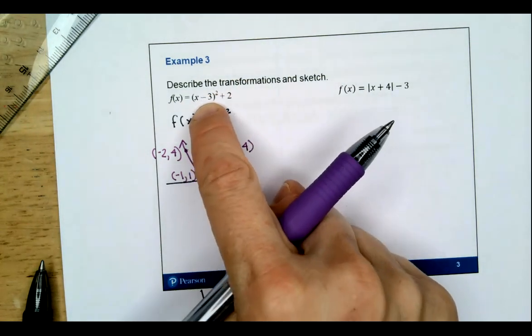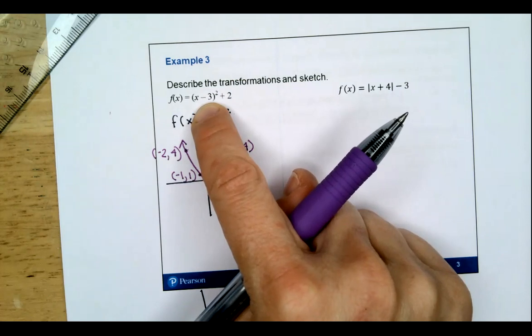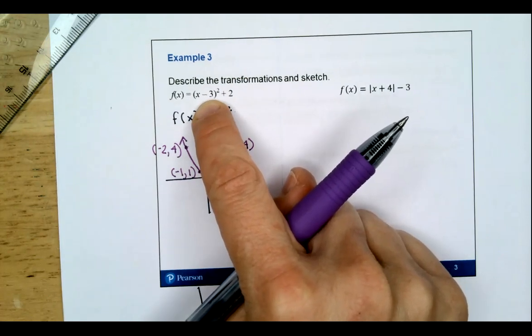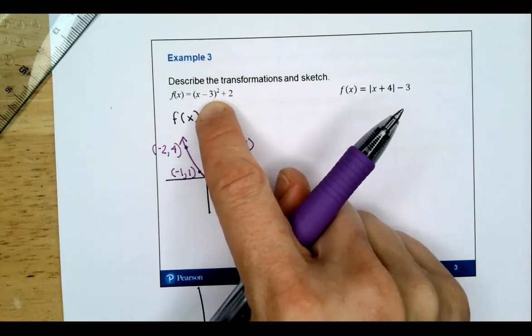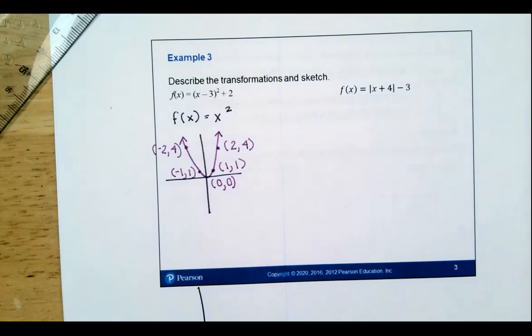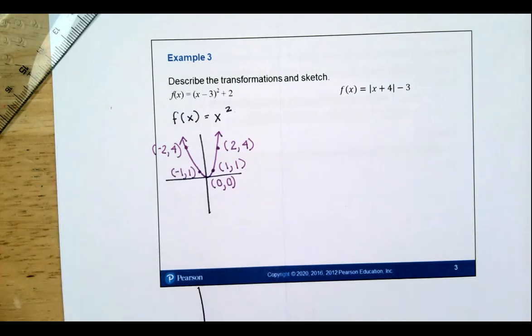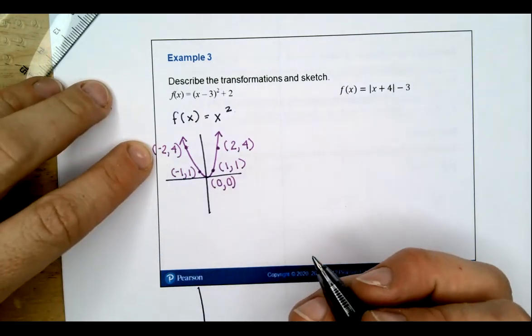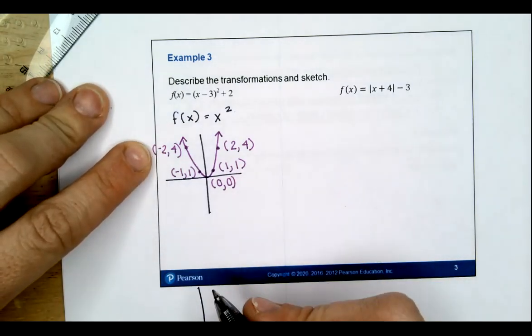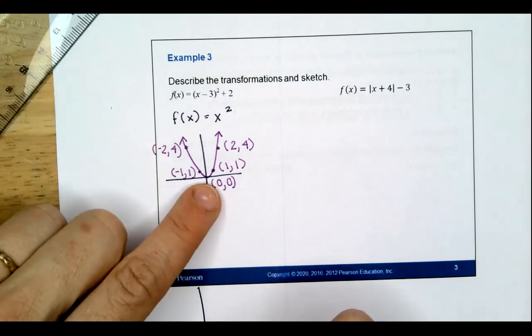Now, subtracting 3 inside the parentheses means a horizontal translation right that number of units. It's a -3, but we're going to add 3 to every x value. Let's start with (0, 0).